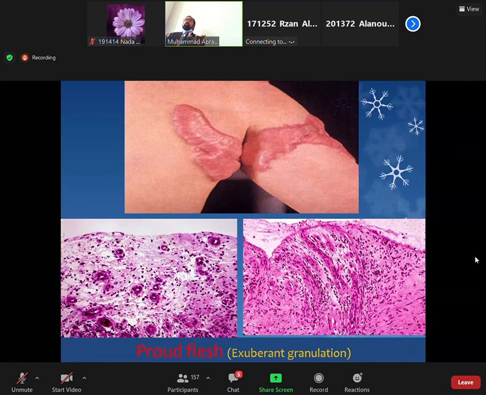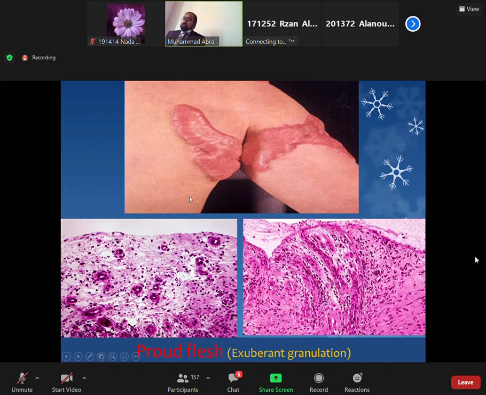So instead of staying below the epithelial surface, it goes out of the epithelial surface. To treat this, you have to remove all this exuberant granulation tissue, make the skin approximate again, apply the suture on it, and then this will be controlled. If you see under this, you can see newly formed blood vessels and fibroblastic proliferation, and it is so exuberant that it is appearing on the surface.